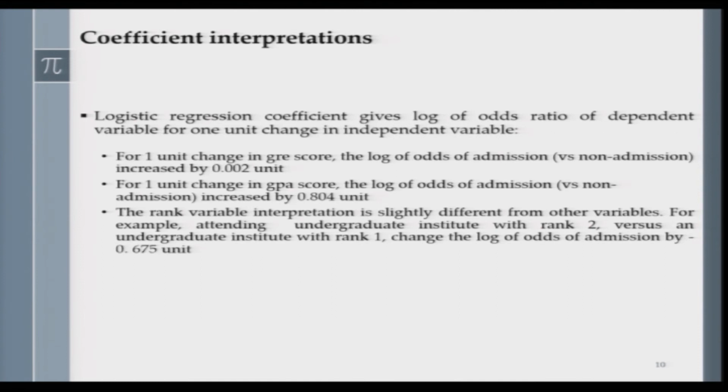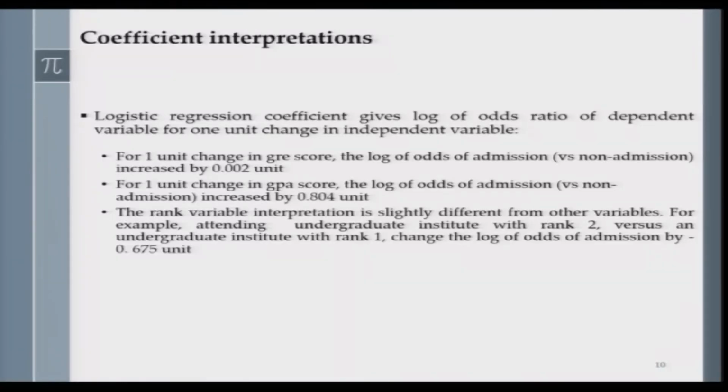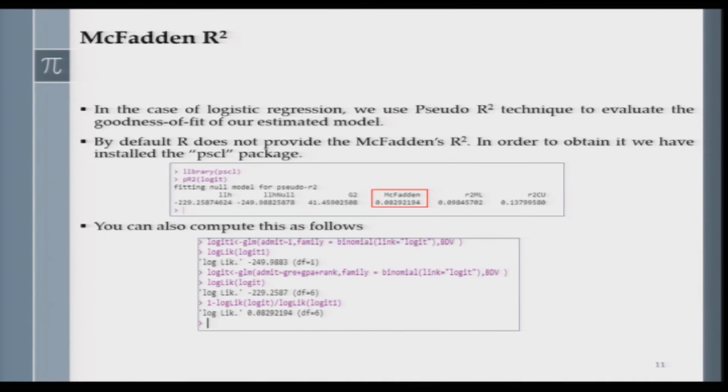So, you can see that as the student is graduating from a lower rank institution, the chance of getting admission into the graduate program is lower, and we get the magnitude of the log odds ratio by looking at the coefficient for this variable rank 2.